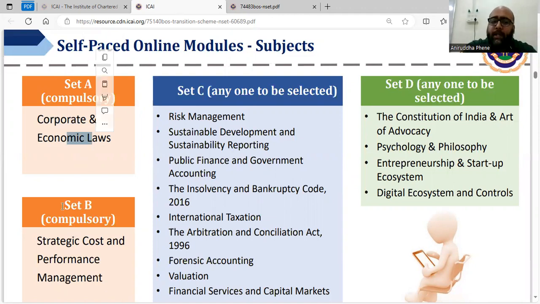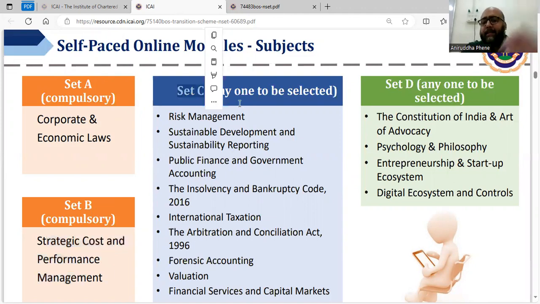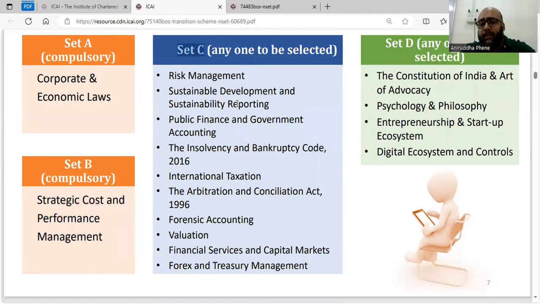Same for costing, set B. Strategic cost and performance management. Earlier, it was a subject in group 2 of CA final. Now they have made it online thing. Then set C and set D are electives. So you can choose any subject from this big list. That is risk management, sustainable development, public finance, insolvency, international taxation, arbitration, conciliation.